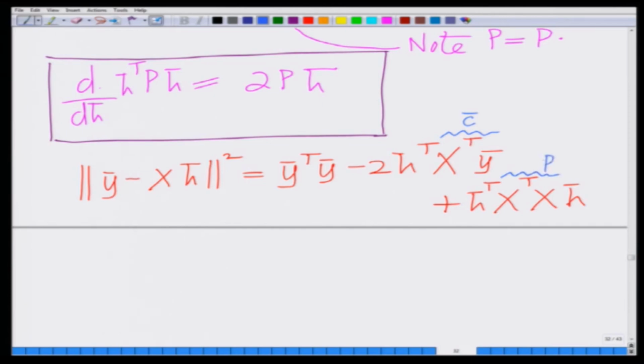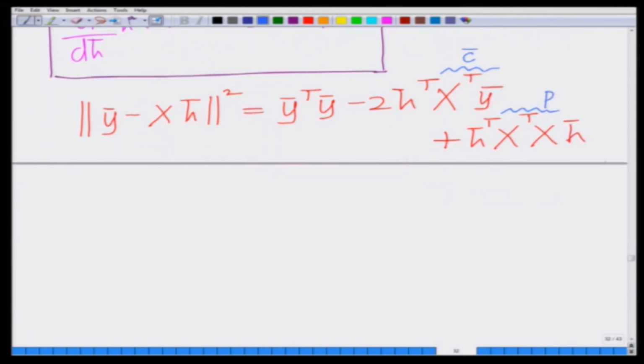So, if this is P, if you treat this as your function H bar, remember this is the function we are interested in differentiating.